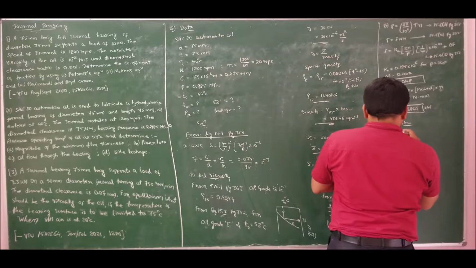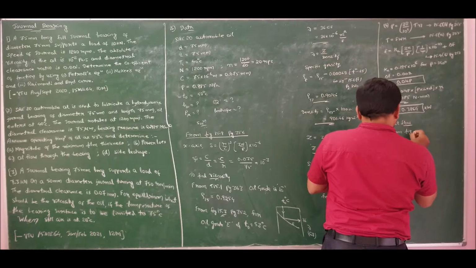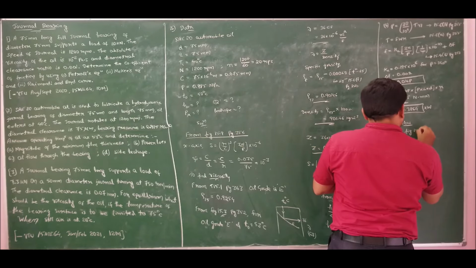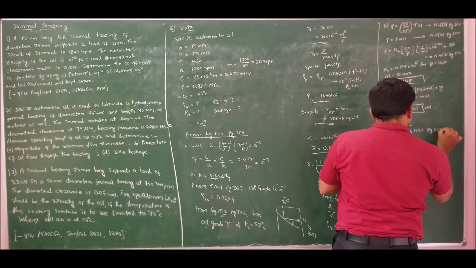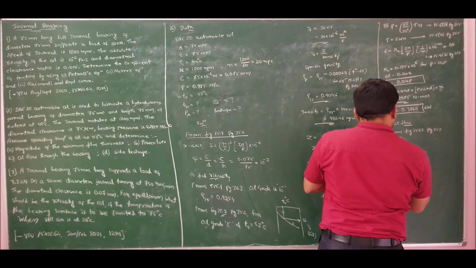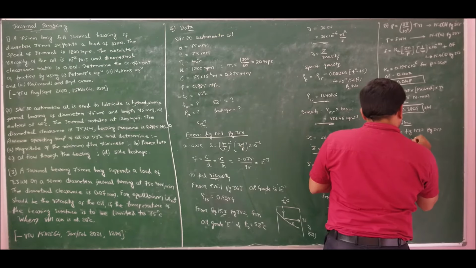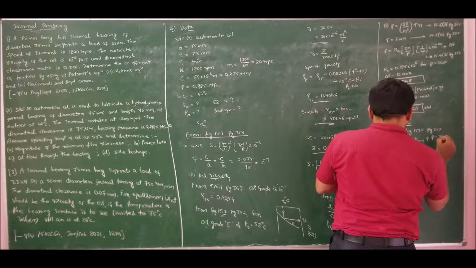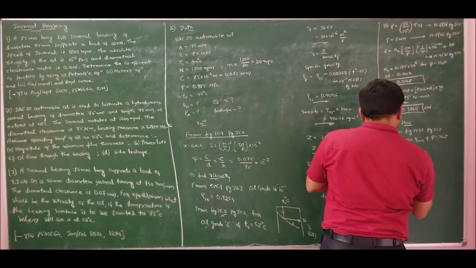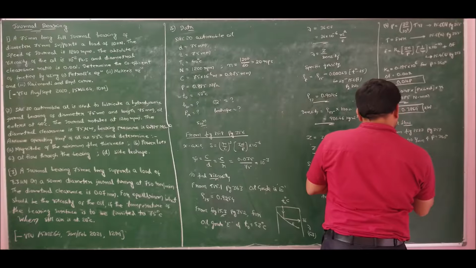So from figure 15.13 of page 358, for Sommerfeld number equal to 40 per minute and beta equal to 360 degrees, you get the flow variable FLB as 3.1.